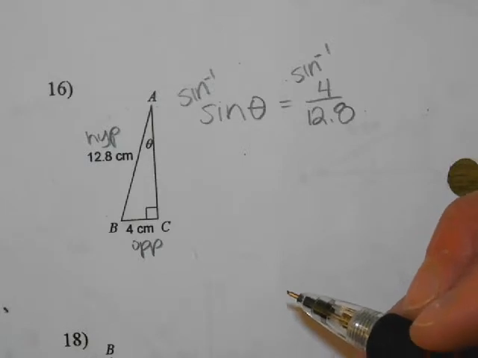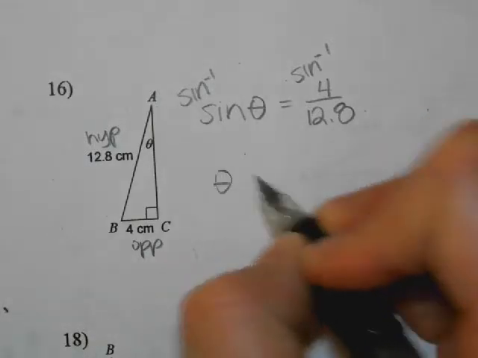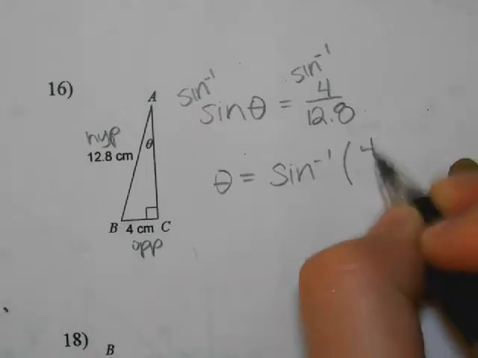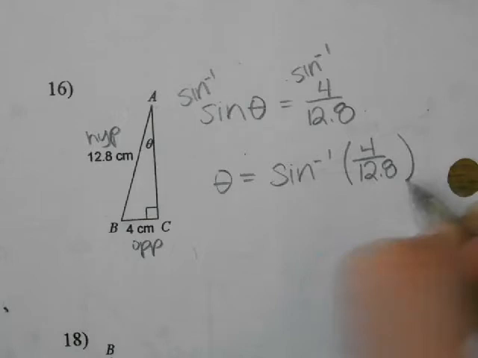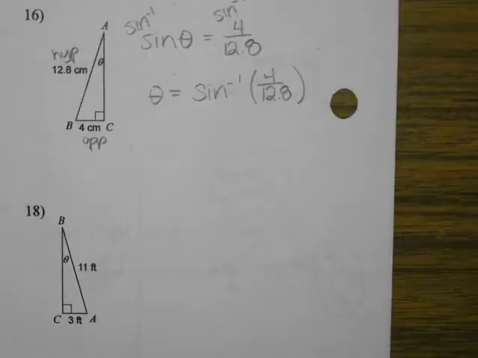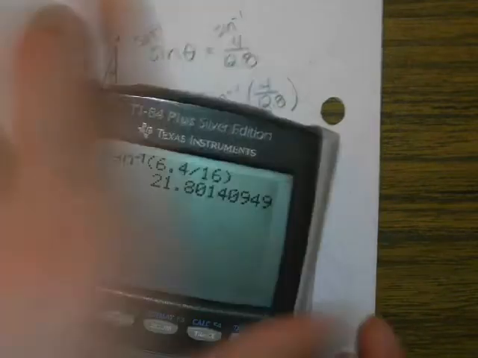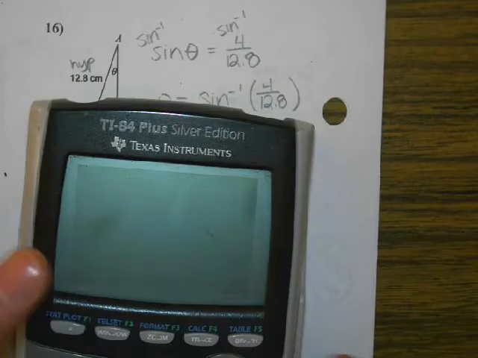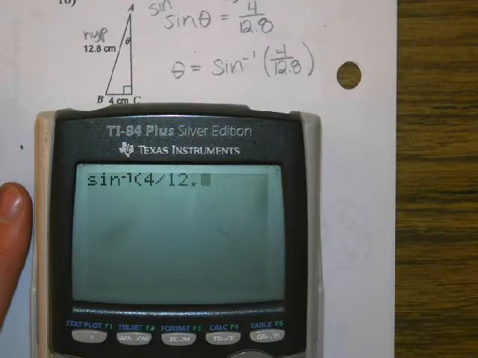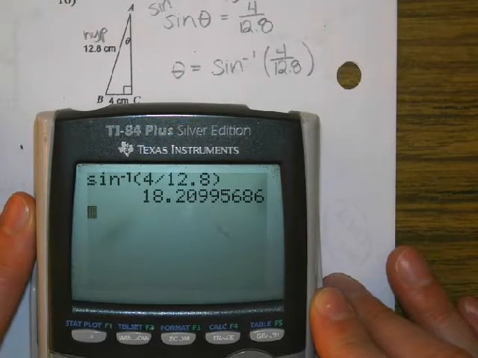All right, so the exact answer for theta is going to be sine inverse of 4 over 12.8. And the approximate answer, I'm going to type in my calculator. Yeah, 18.2.